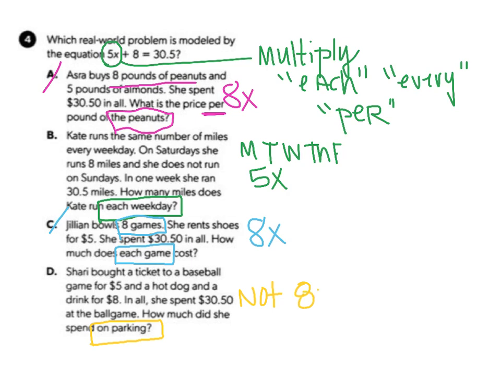This would not be 8x because that's for the drink and the hot dog. And it wouldn't be 5x either because 5x was for the tickets bought to the game. So letter D is also wrong. So ultimately, final answer is B because it's the one that says 5x.